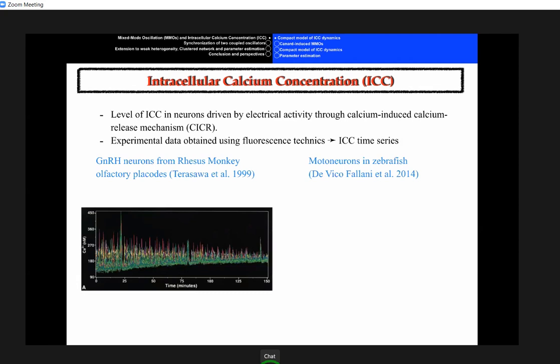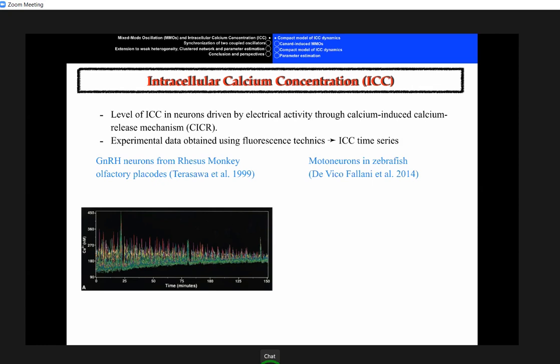And at the scale of the network, which is completely different in GnRH neurons and motoneurons, we have, of course, different behavior. So in the GnRH neuron network from olfactory placodes, we have this amazing set of time series.